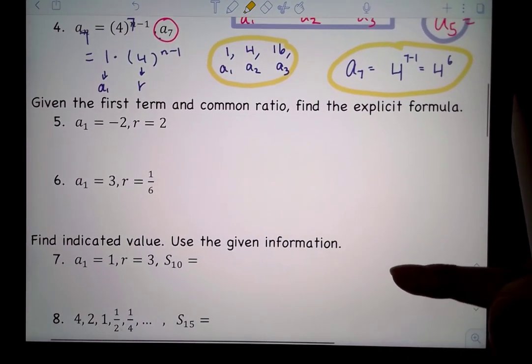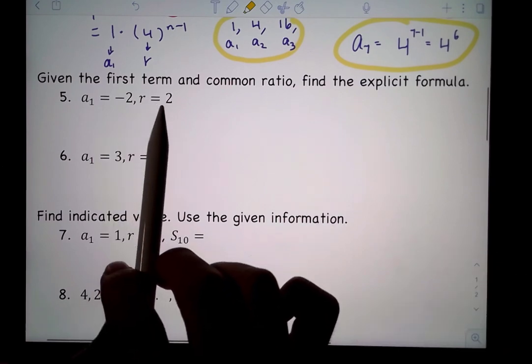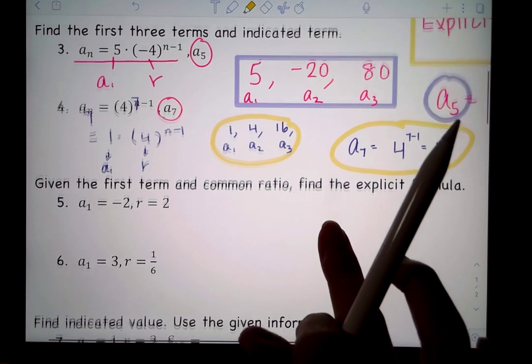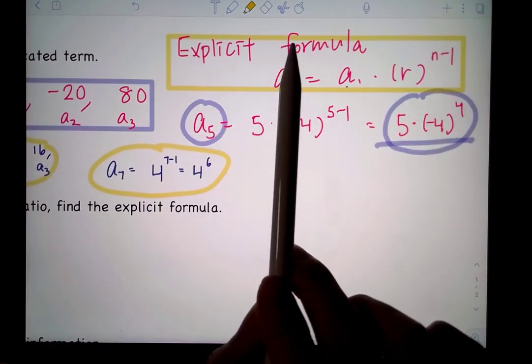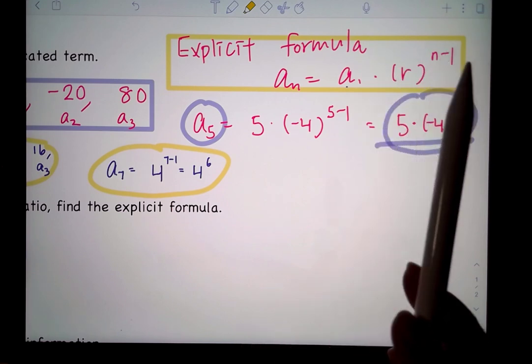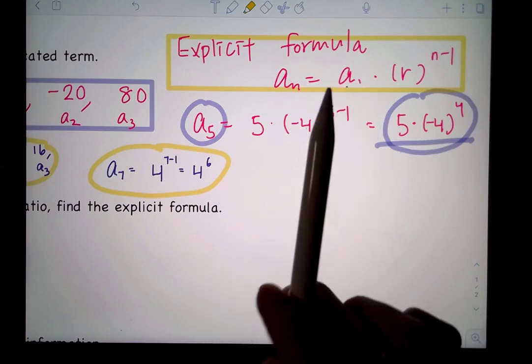And number 5 and 6. So given the first term and common ratio, find the explicit formula. So the explicit formula, it's over here, right? Okay, so I'm going to use that formula.